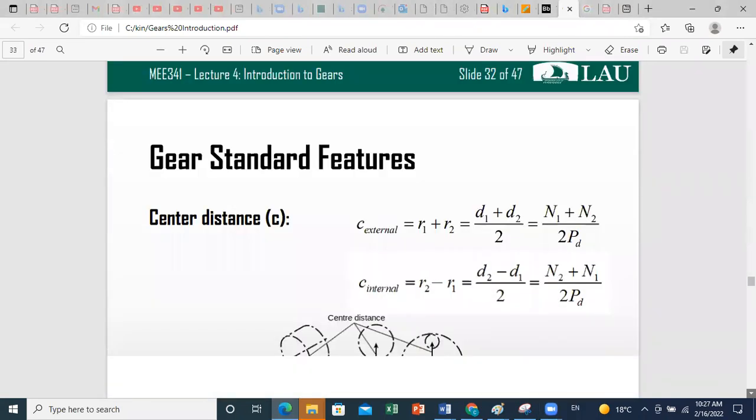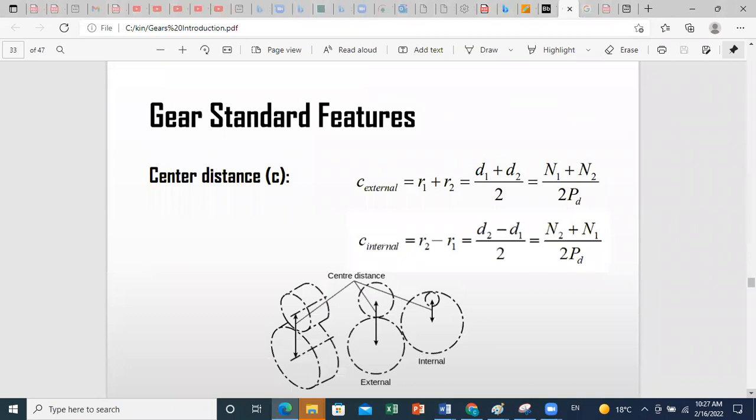Now, we also define the center distance. We talked before about the center distance as the distance between axis lines passing through the centers. So you can see here, for example, if you have external gears, then the total distance between centers can be calculated as the pitch radius of the first gear plus the pitch radius of the second one.